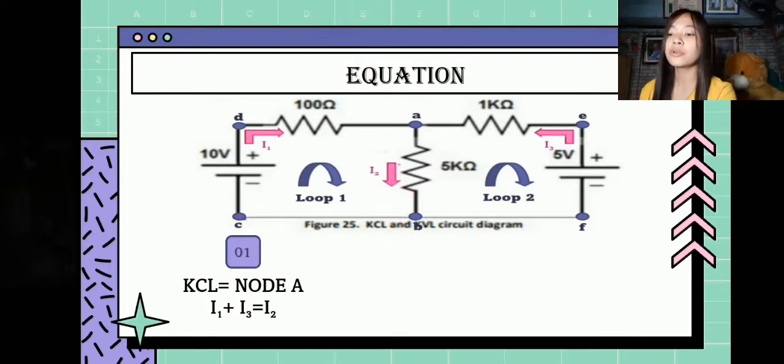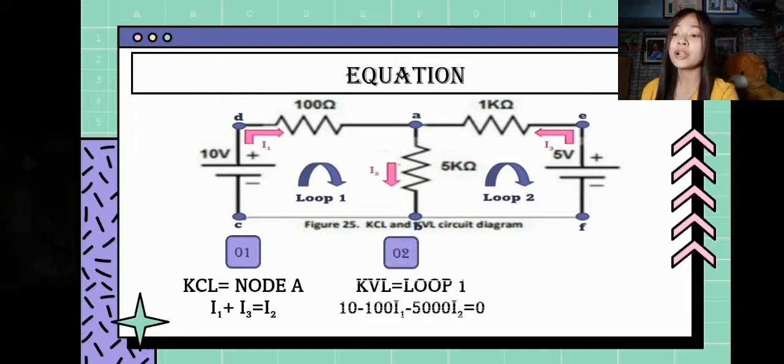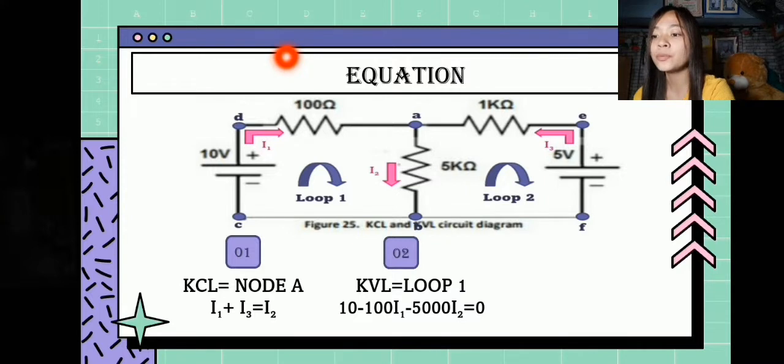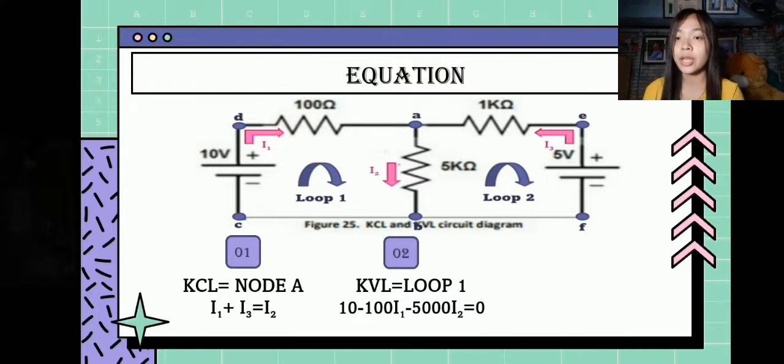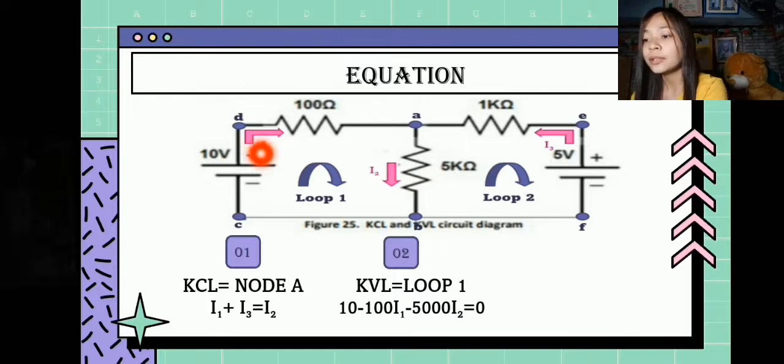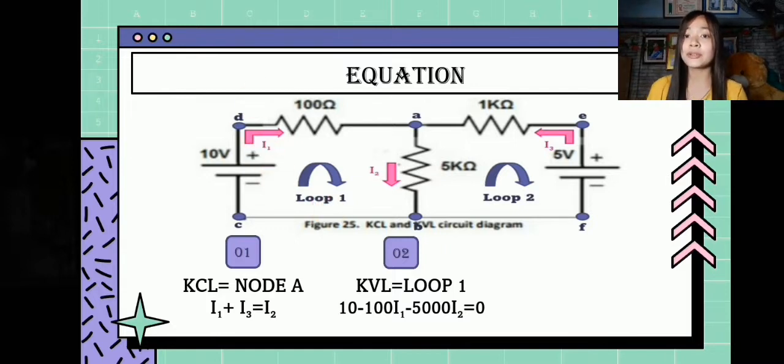The next thing we will look for is KVL loop 1. So, we will start with C and we will also end with C. Hence, we will enter in a negative voltage and we will exit into positive voltage. Therefore, our voltage is positive 10 and the next direction we will pass is 100 ohms. And so it becomes negative 100 ohms because I1 and loop 1 have the same direction.